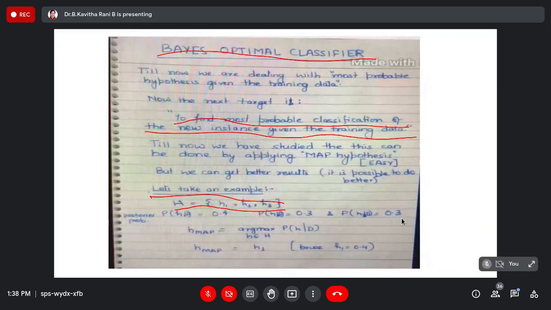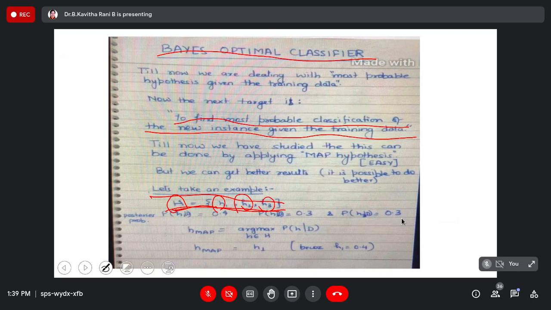Okay, so let us take one example. You are having different types of hypotheses here. H is nothing but the hypothesis space. In the hypothesis space, you have different hypotheses, that is H1, H2, H3. So from the data you got 3 hypotheses.